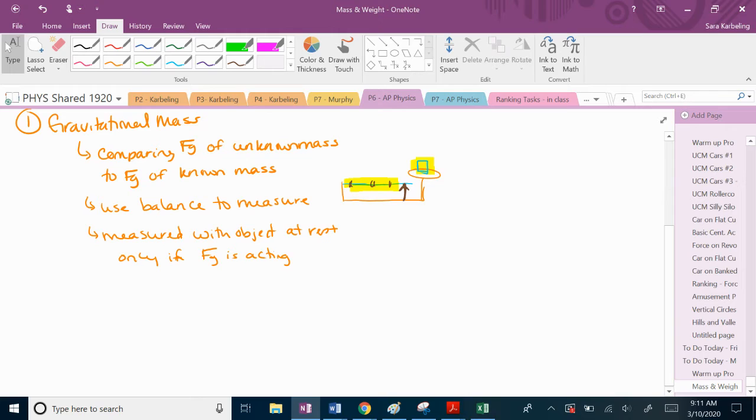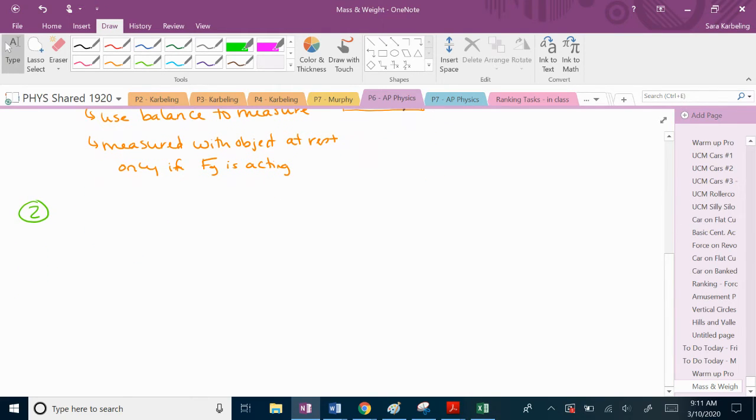And then number two, the other kind of mass that also exists, okay, is this thing called inertial mass. And we don't use the word inertia very often, right? You've probably heard me get a little bit upset about the idea of inertia, but that's just what this is called. So we have to go with it, okay?